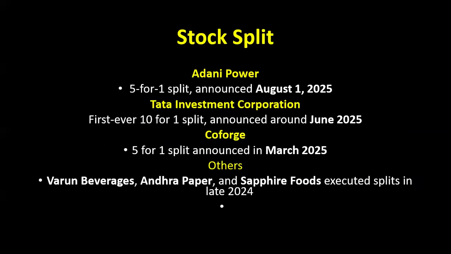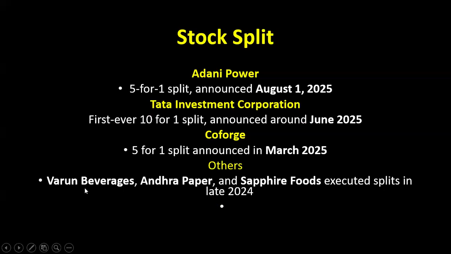For example, in the recent months, in 2025 itself, Adani Power split the shares into 5. Tata Investment split the shares into 10. Coforge split the shares into 5. And there are many others who have undertaken stock split.